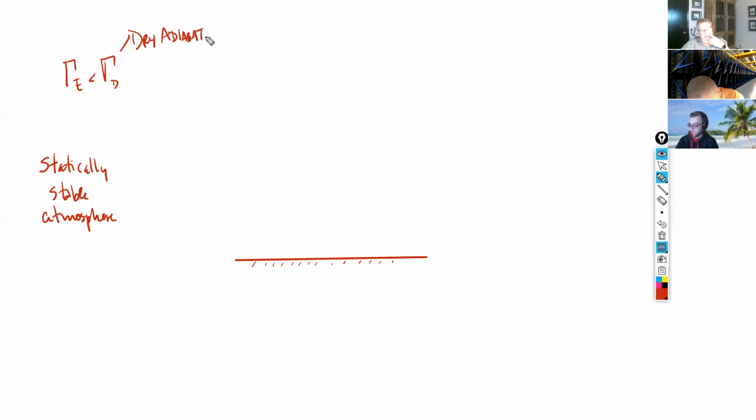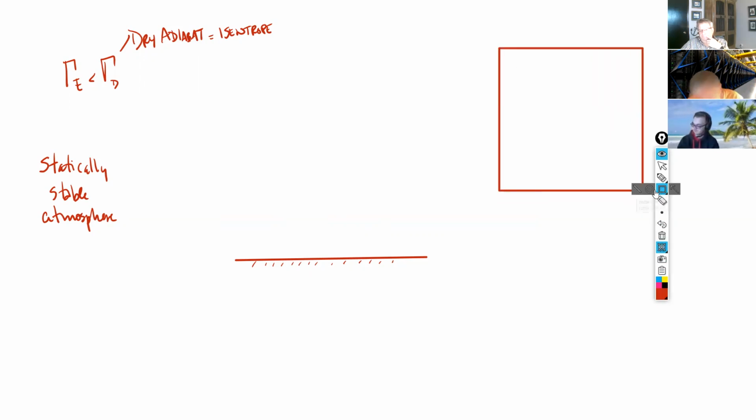A line of constant theta on the dry adiabat is an isentrope. Isentropic. So how would I write that using calculus? What's the value doing as I go higher?